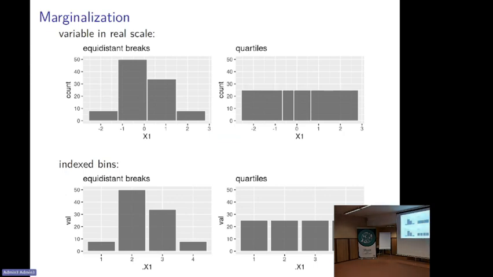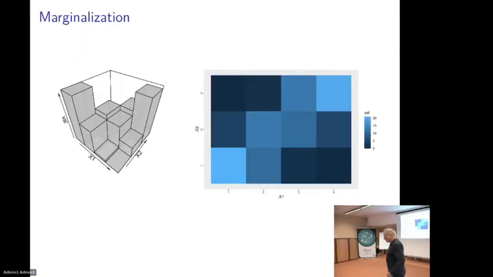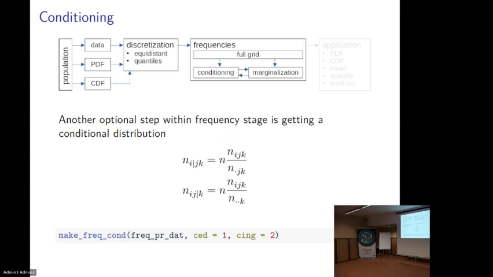Okay. There are differences between those breaks constructions, so you need to be aware of pros and cons, and also marginal frequencies in two dimensions. Perhaps I will not have time to finish it.